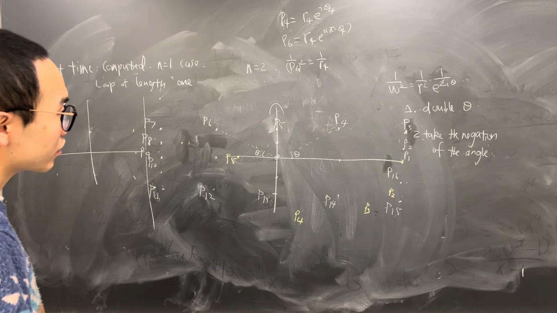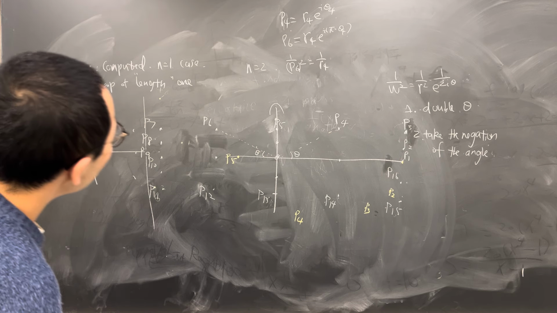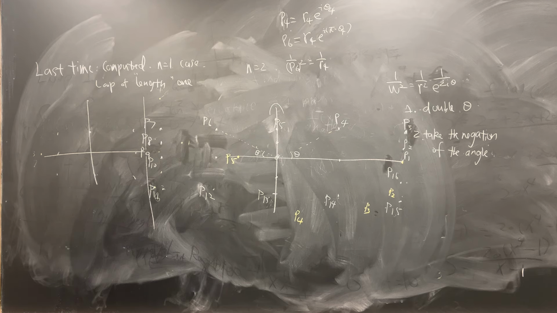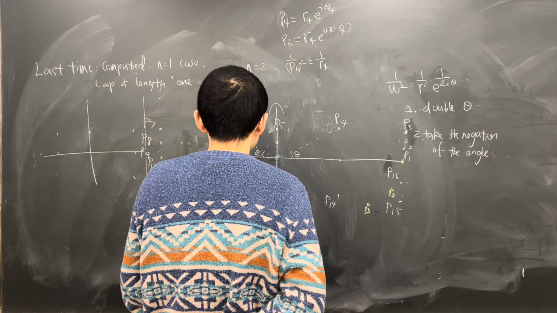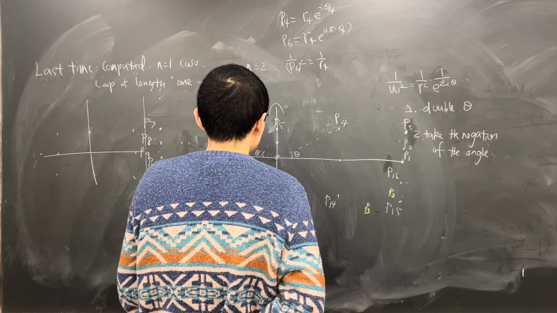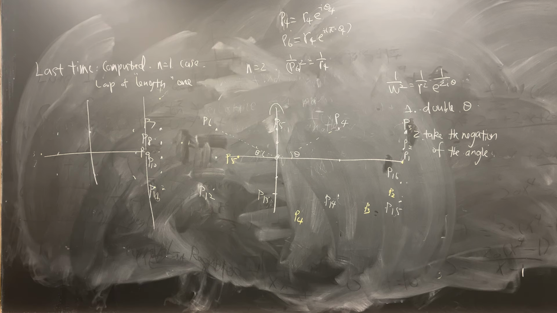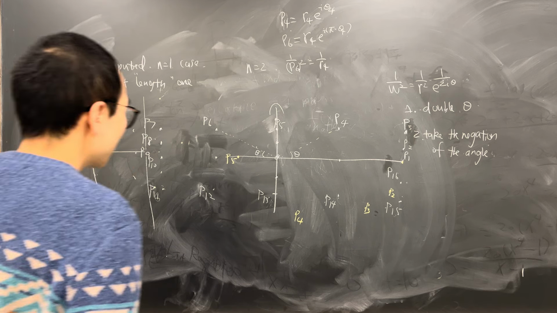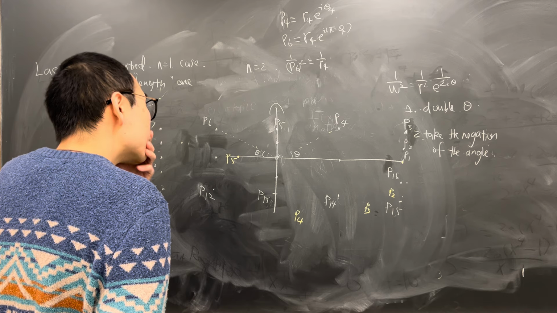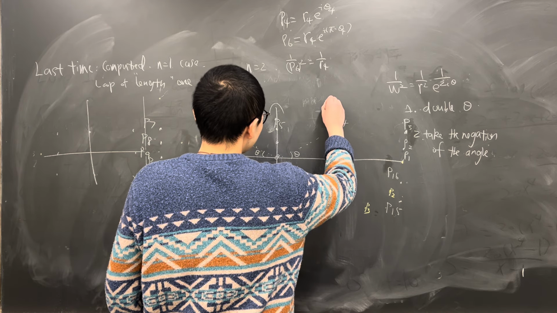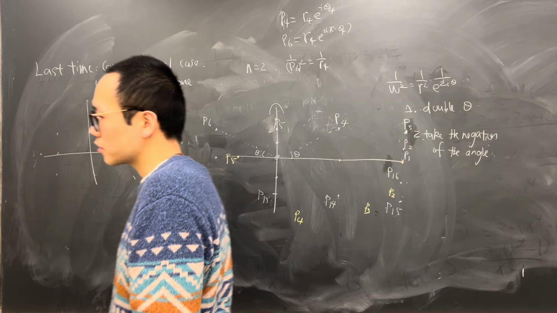So if we just throw the radius away, I think you can somehow split this whole axis into like 4 parts, right?